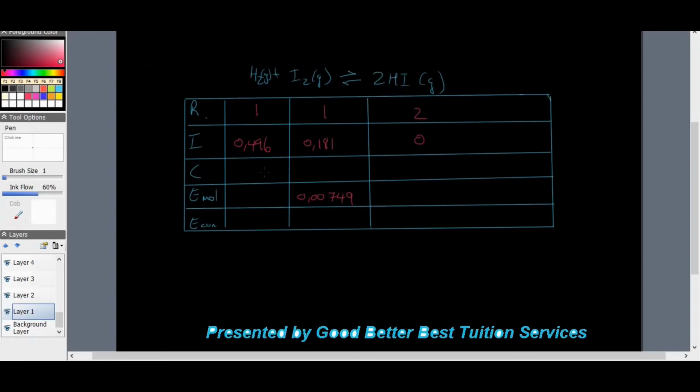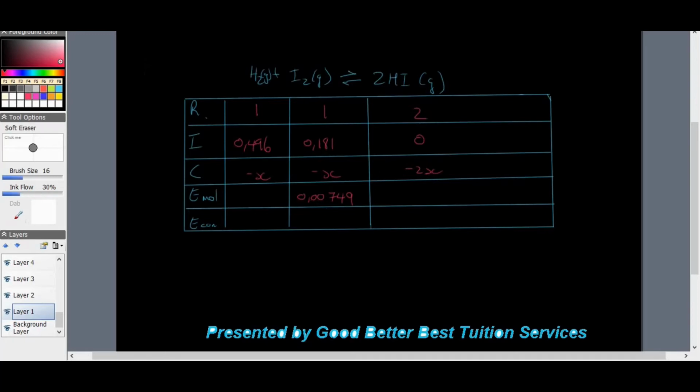The reason why, again, it's called negative x, just to explain that part again, is because that's showing the change. Something had to have taken place here in order to get this number here, of course. And for this one, the change should be minus 2x on this side, because the 2 carries down from the mole ratio.